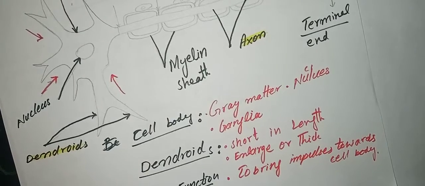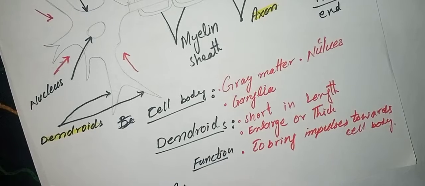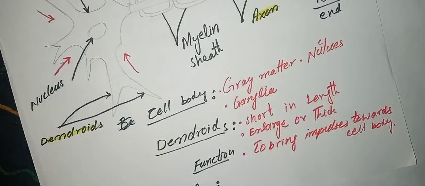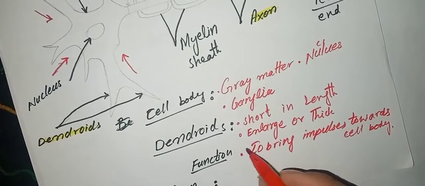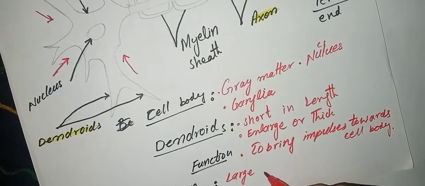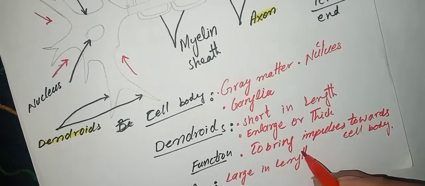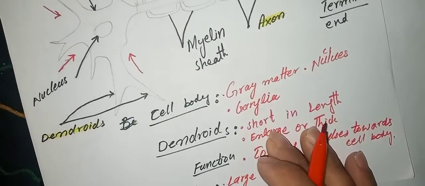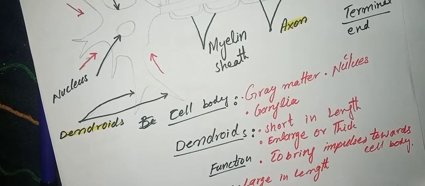The third point is the axon. Axons are large in length, or you can also say long in length. The second point, they form white matter.